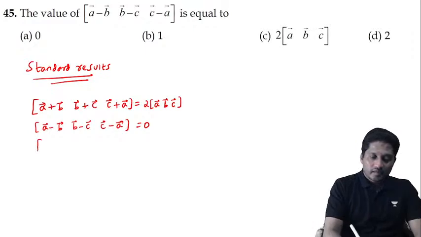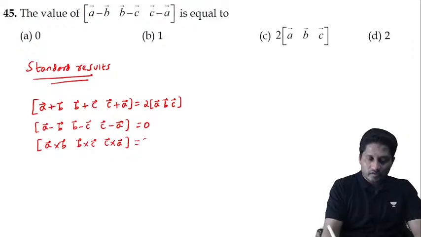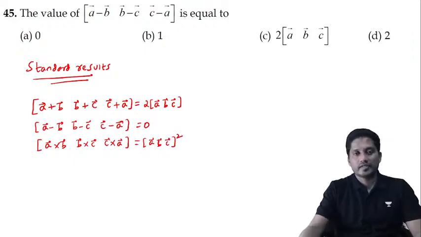And then box of A cross B, B cross C, and C cross A is equal to box of ABC the whole square.